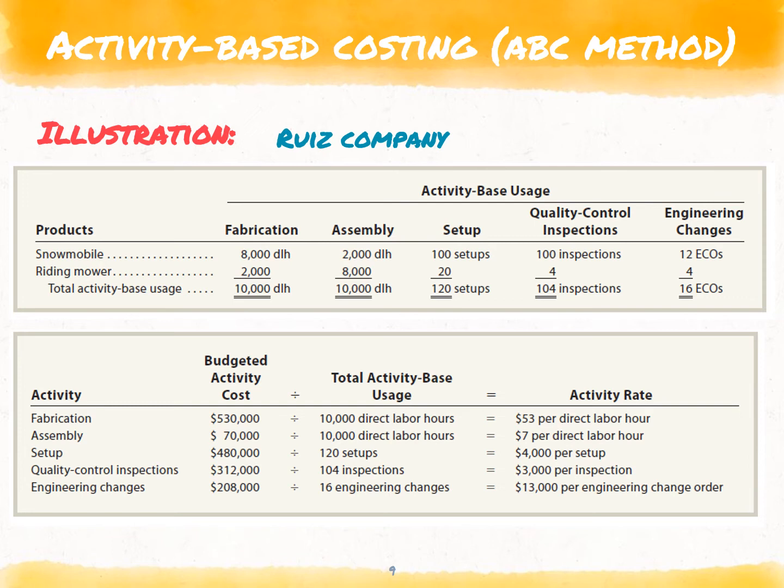For setup, $480,000 divided by 120 setups is $4,000 per setup. For quality control inspection, $312,000 divided by 104 inspections is $3,000 per inspection. For engineering changes, $208,000 divided by 16 engineering changes is $13,000 per engineering change order.